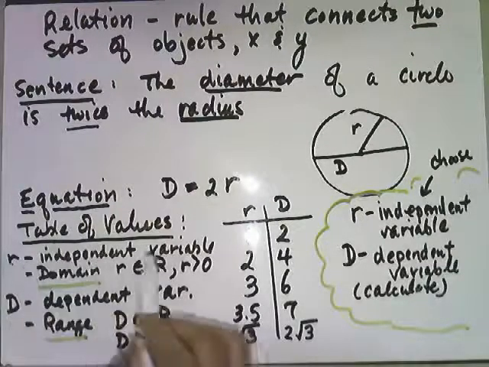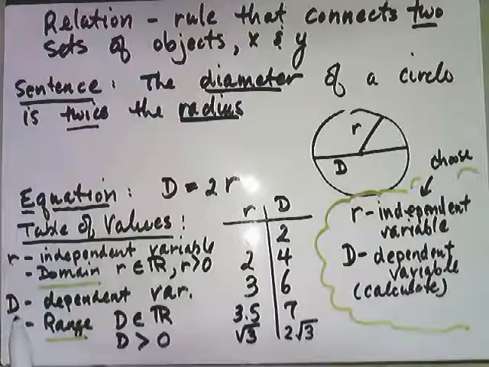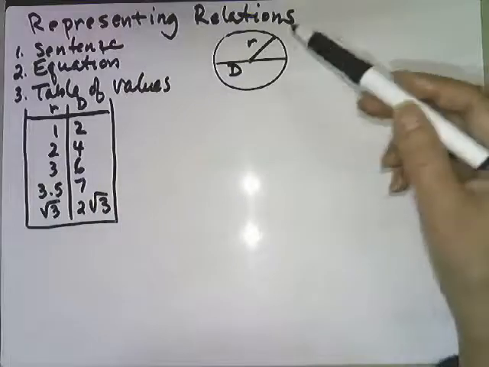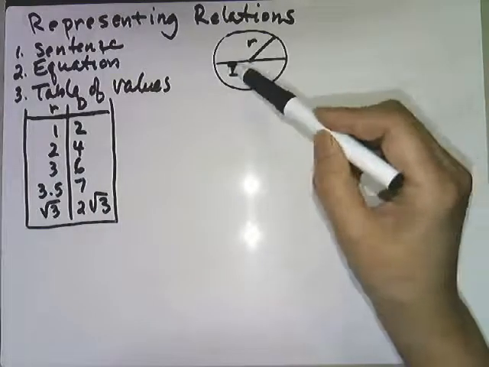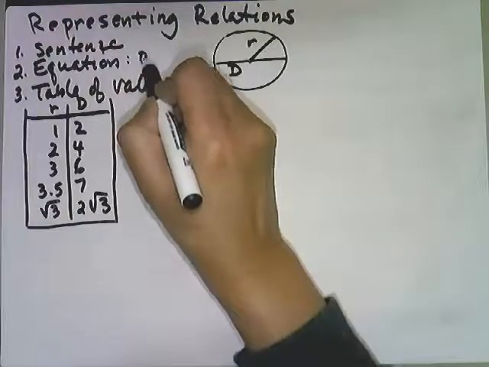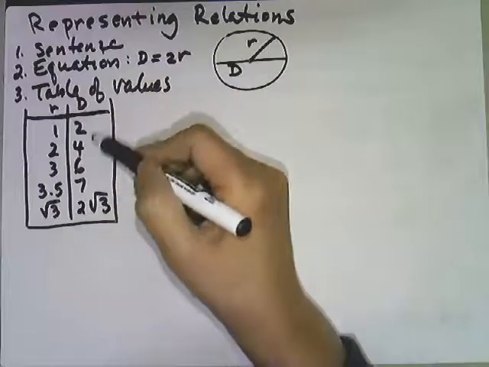R, the independent variable, has domain values. D is the dependent variable, and it results in different range values. I've summarized what we've done so far. So we've discussed a circle with the relationship the diameter is 2 times the radius. We write the equation as D equals 2 times R. Extracted the table of values here, and I've copied it down.